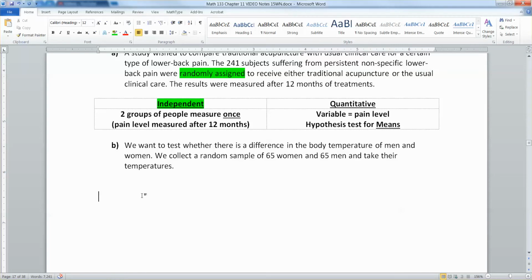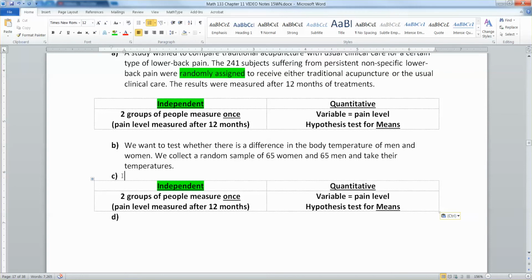Now, what if we want to test whether there is a difference in the body temperature of men and women? We collect a random sample of 65 women and 65 men and take their temperatures. Well, again, that's very much independent. They're not husbands and wives. They're just men and women that don't have anything to do with each other. So it's two groups of people measured one time. They were measured for body temperature, right?